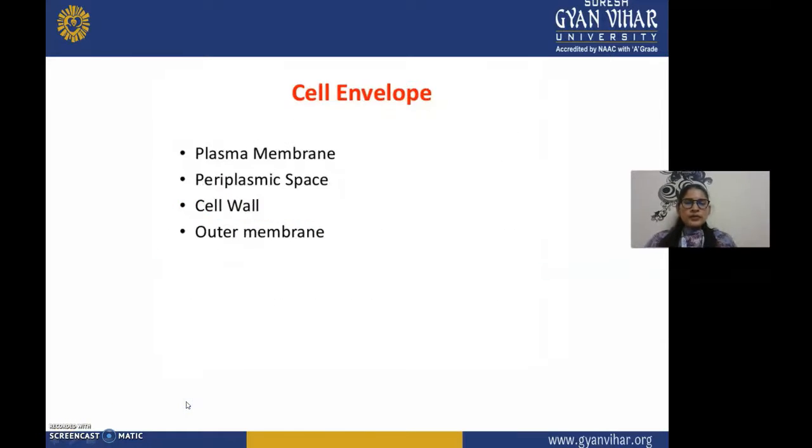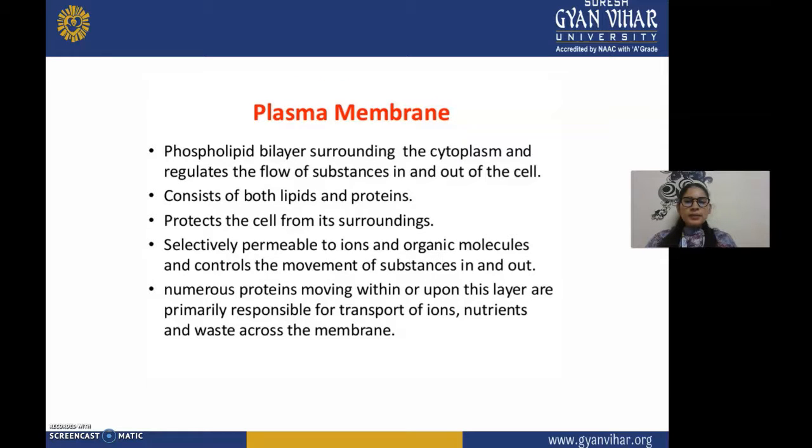Now, what is the cell envelope and what does it contain? So the cell envelope mainly contains the plasma membrane, the periplasmic space, the cell wall, and the outer membrane. Now, the plasma membrane includes a phospholipid bilayer surrounding the cytoplasm and regulates the flow of substances in and out of the cell, and it consists of both lipid and protein.